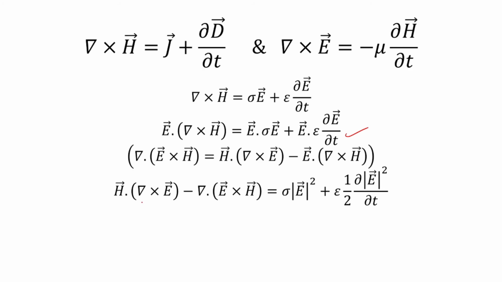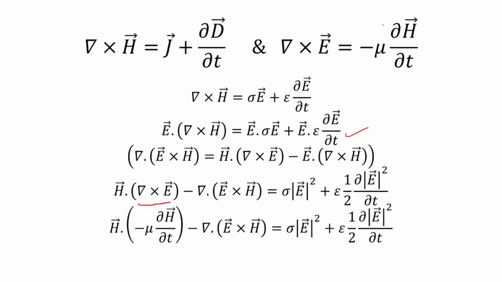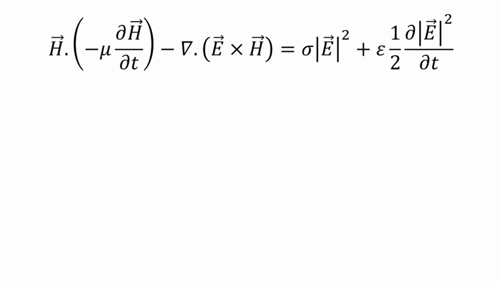But we also have del cross E bar to be minus mu times dou H bar by dou T. If I substitute that here, H bar dot minus mu times dou H bar by dou T minus the divergence of E bar cross H bar is equal to sigma E square plus epsilon times half dou by dou T of mod E square. So this is what we have.